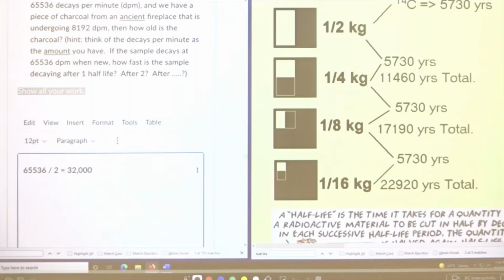Okay? Then, 32,000 divided by 2 equals 16,000, and I think we can do that pretty easily. And then 16,000 divided by 2 equals 8,000.